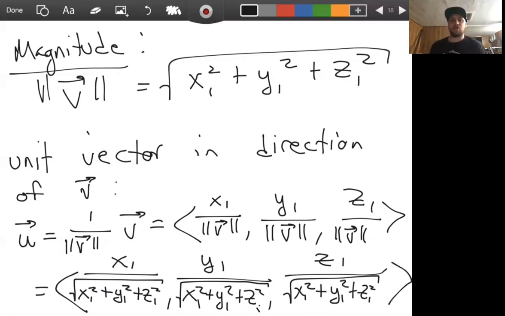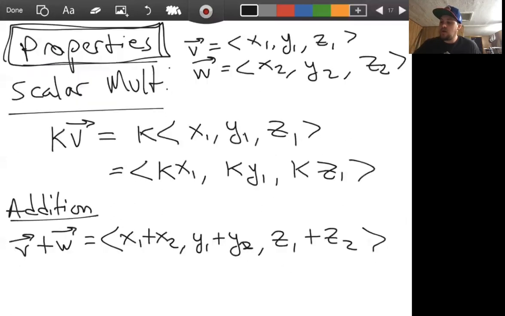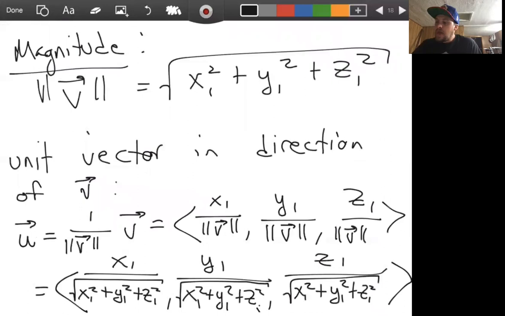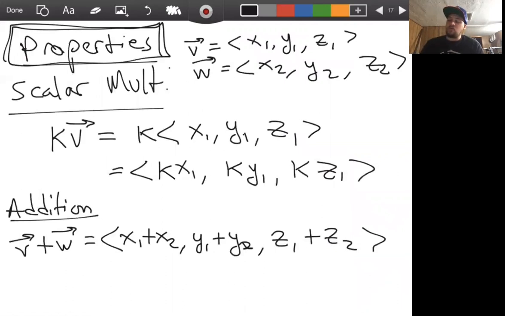Okay, so here was a quick recollection of our properties and notions of vectors, but now purely in the three-dimensional setting. And you may be wondering, we've talked about addition and we've talked about scalar multiplication, but we haven't talked about the multiplication of two vectors yet, right?